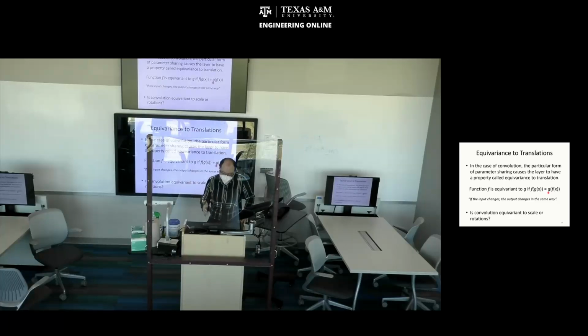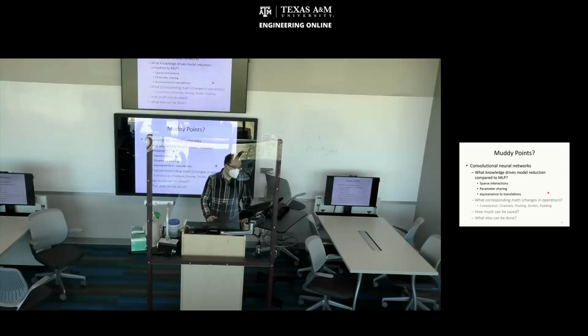That also shows how important it is to directly teach a neural network knowledge, rather than asking it to learn from supervised examples. That's a very difficult task, okay? Okay, so now let's try to summarize, right? What knowledge drives model reduction compared to the MLP?